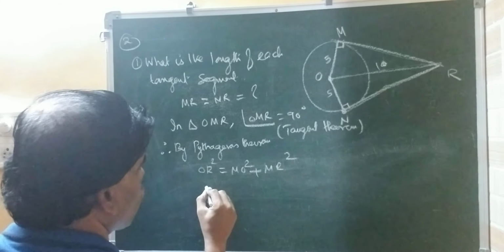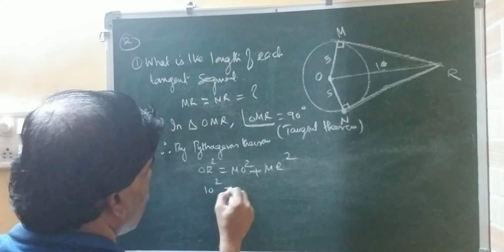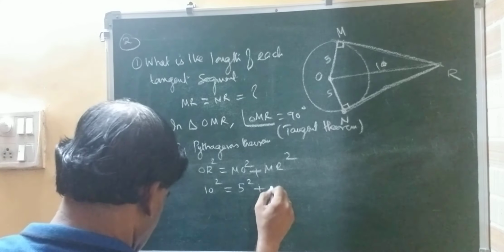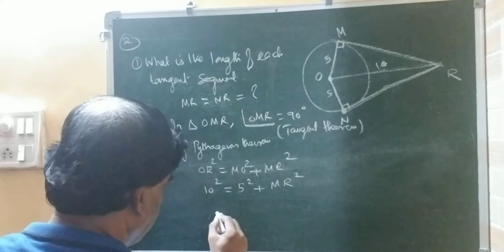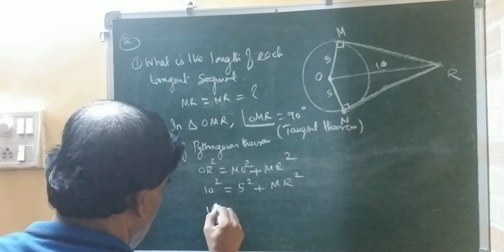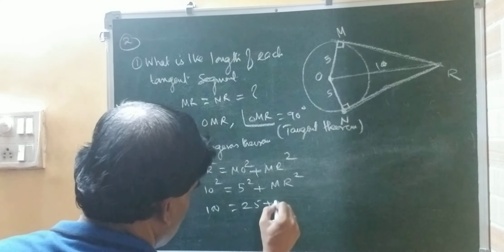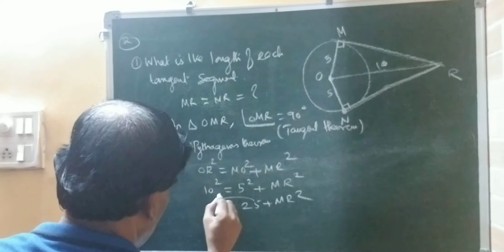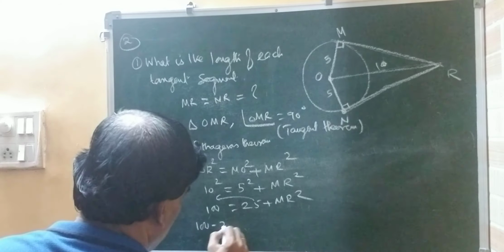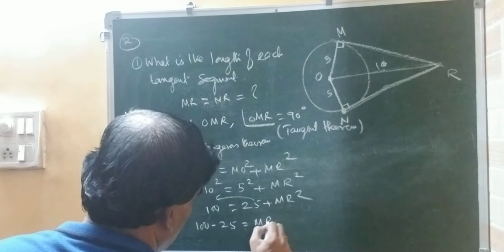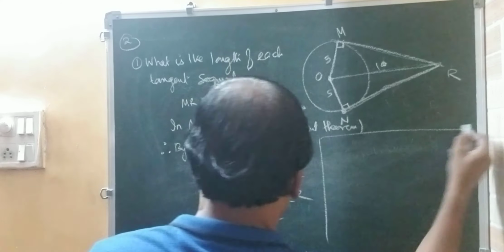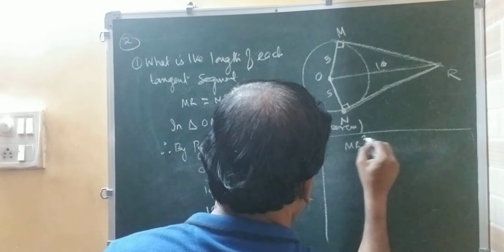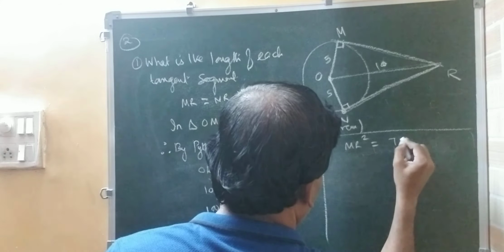So OR square is 10 square equal to 5 square plus MR square. Therefore, 100 equal to 25 plus MR square. So 100 minus 25 equal to MR square. So MR square equal to 75.